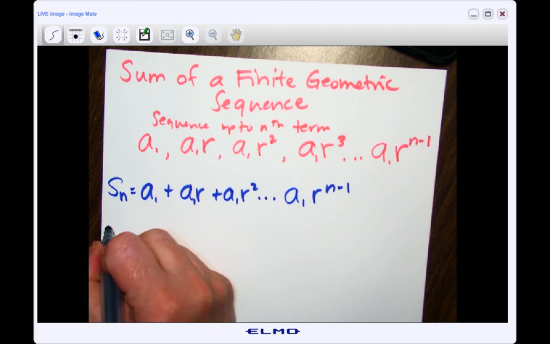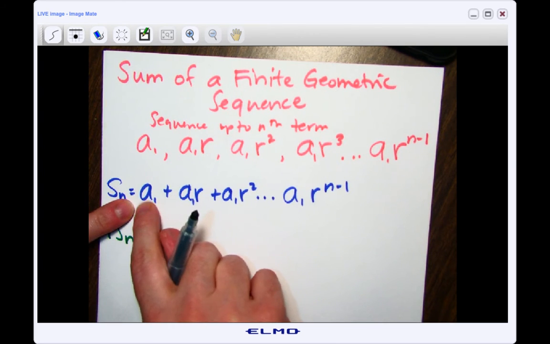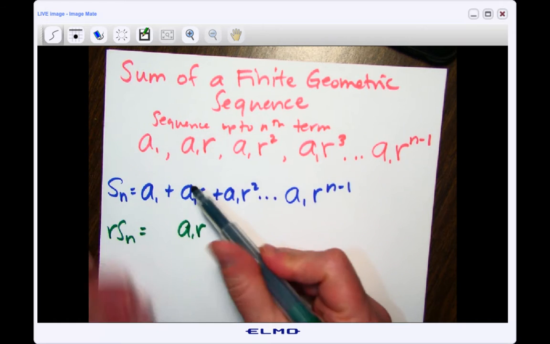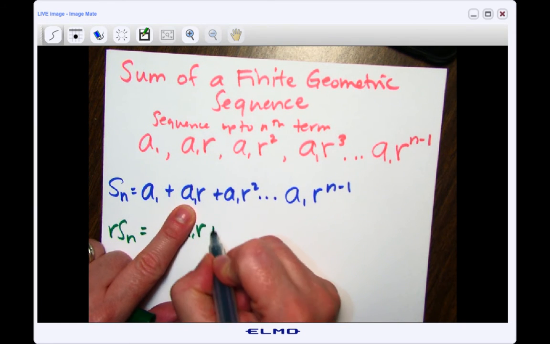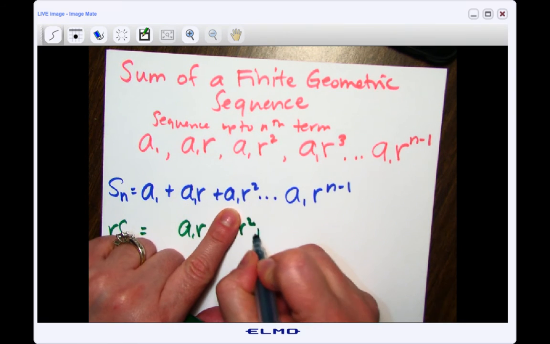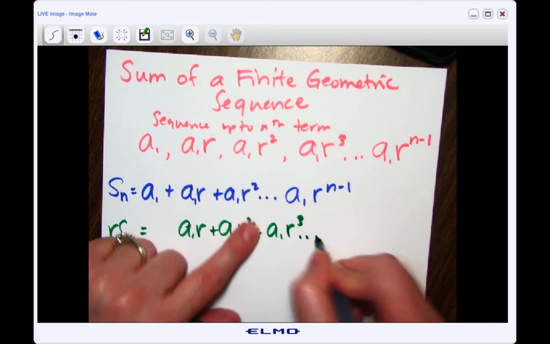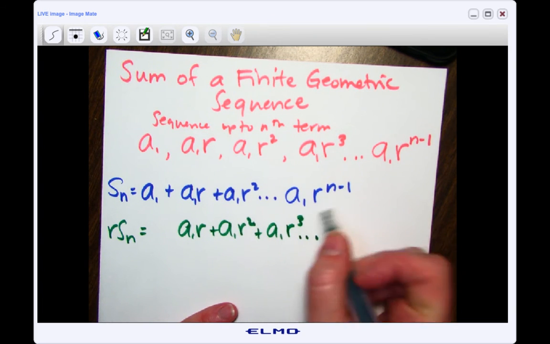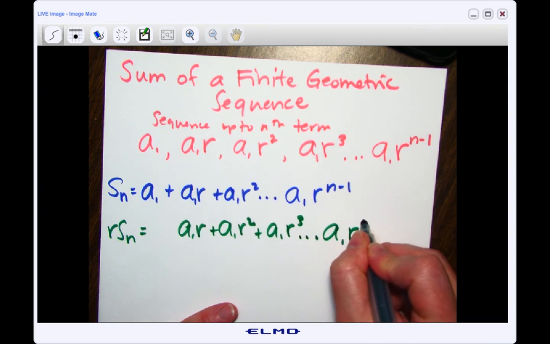So this one, if I multiply through by the ratio, the first term that I have will be a to the first times r. So I'll put them here, okay? Then my next one, if I multiply this one by r, it will be a to the first times r squared. And when I multiply this one through, it'll be a to the first times r to the third. And if we keep doing this, well, if this is the n minus 1 term, then when I multiply this through by an r, I'd have r to the n.